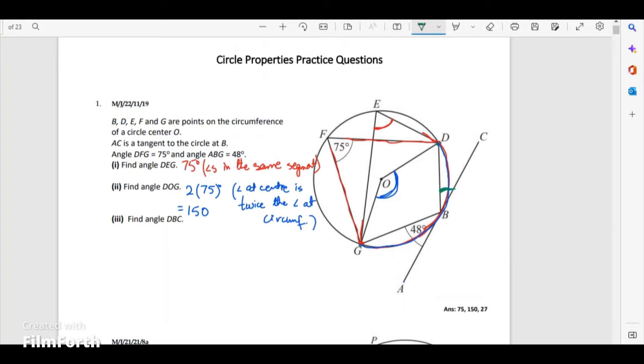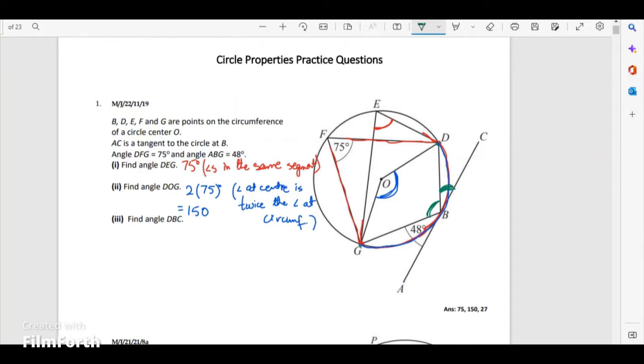Now for that, what we could be doing is, let's first figure out this angle, and we know ABC is a straight line. So one way of finding this angle could be that if ABC is a straight line, we figure out this angle, subtract it from 180 along with 48 degrees, we'd get to know what this angle would be.